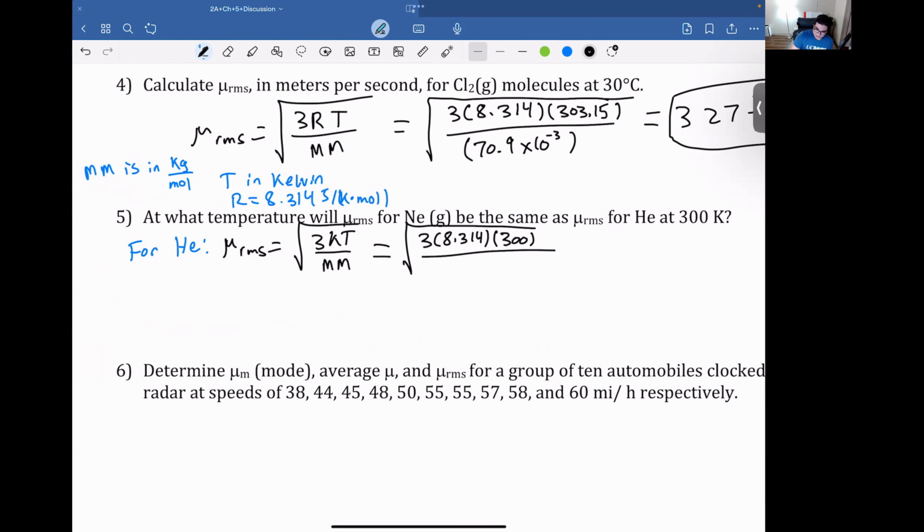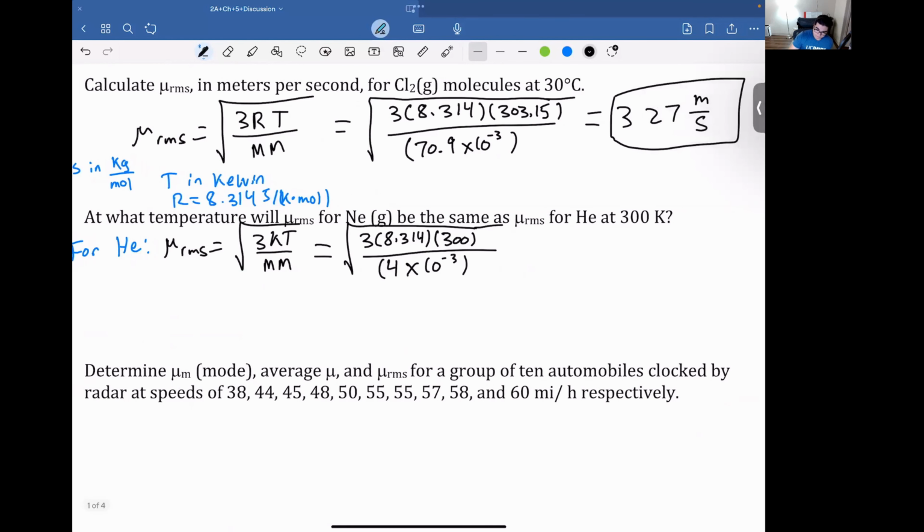Helium has a molar mass of 4, and we want this in terms of kilograms, so we divide by 1,000, right? Helium has a molar mass of 4 grams per mole, or 4 times 10 to the negative third kilograms per mole. When you plug this in, you get 1,367 meters per second.